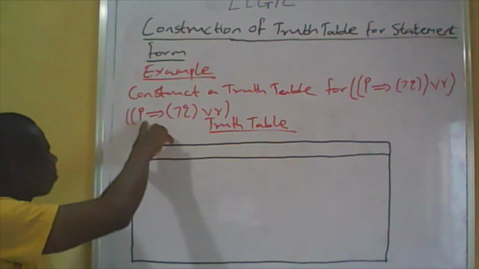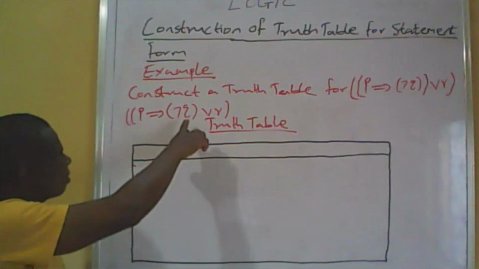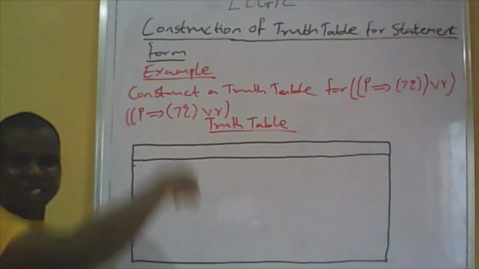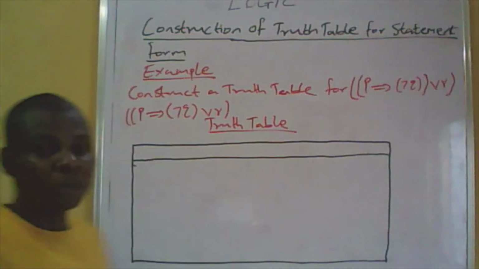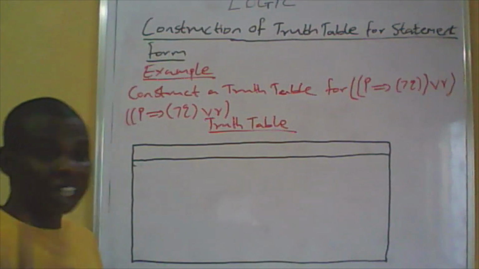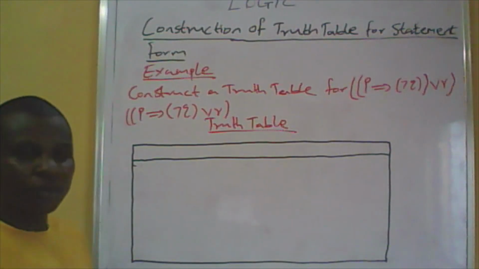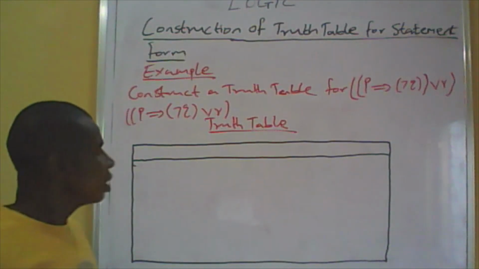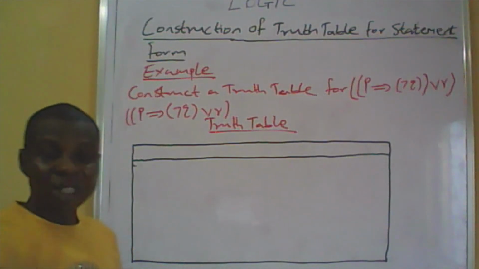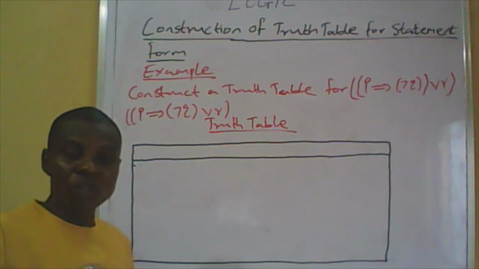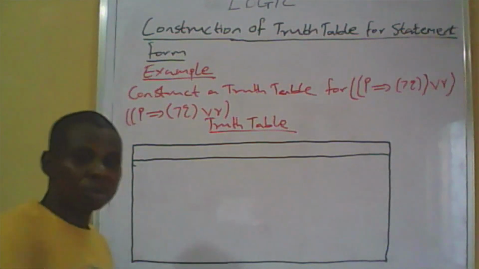There are three simple statements involved in this statement form. Now, these three simple statements determine the rows we are going to create for the table.